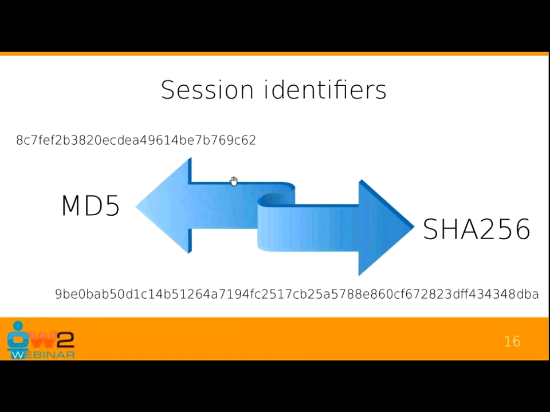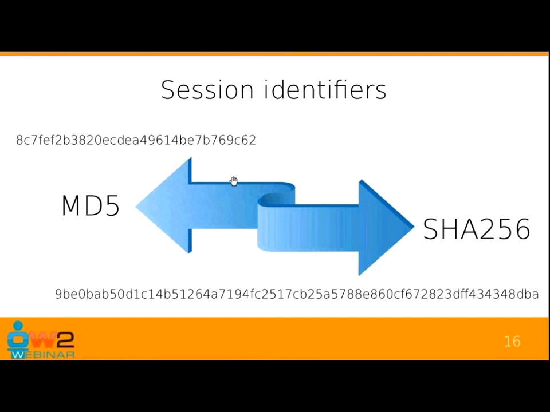A small point about security. We now offer the choice of the generation of the session identifier. The session identifier is a session key that is exported inside the cookie inside the browser, and we know that if the session identifier is big, it will be more difficult to brute force it.